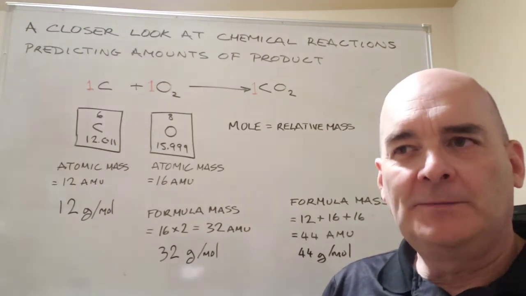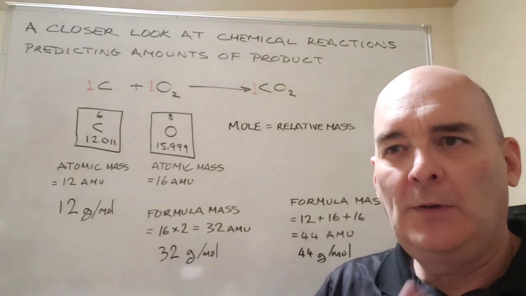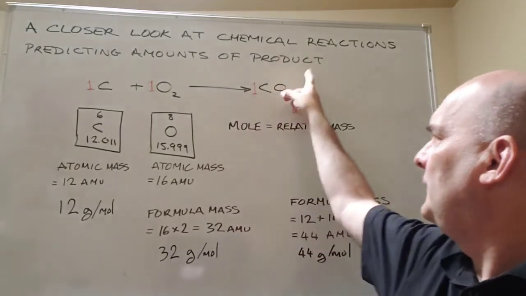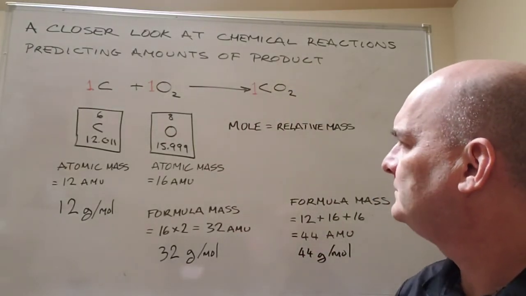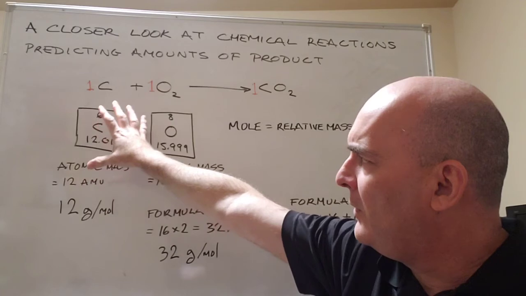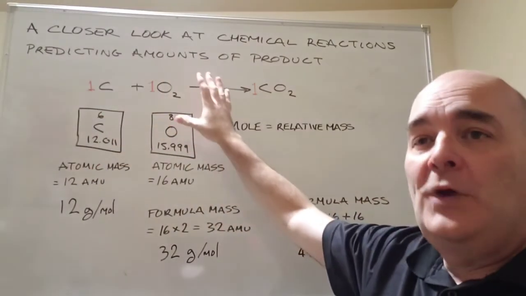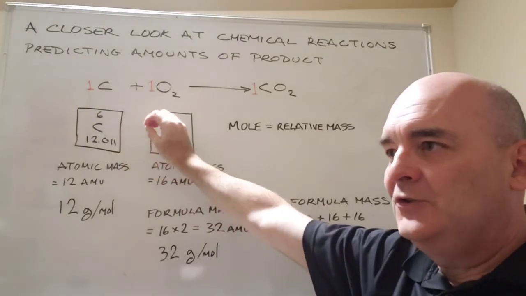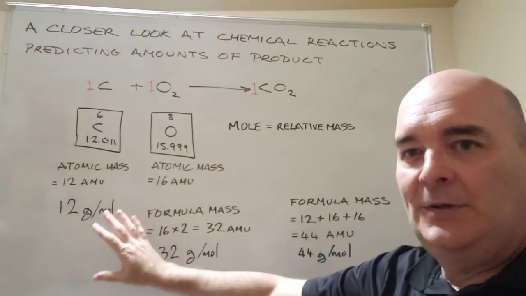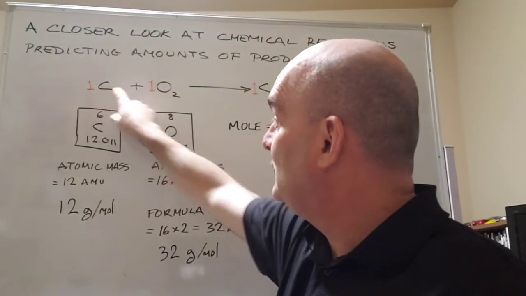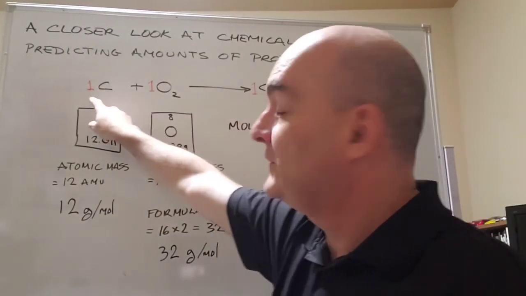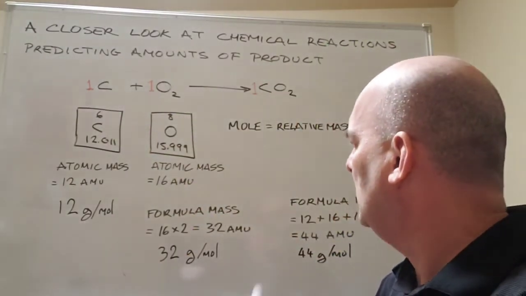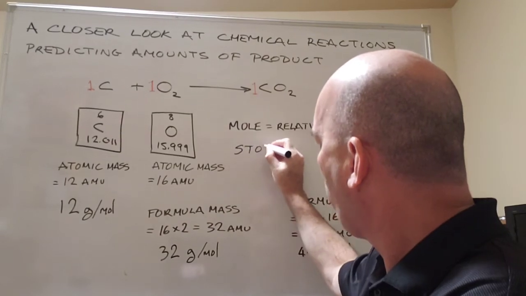Okay, let's ask a question using the mole as the middle point to find a finishing amount of product. So if I give you a number of grams of reactant, then what you can do is change mass into moles. The moles let you do what's called stoichiometry. That's the numerical relationship. I'll write that word down.